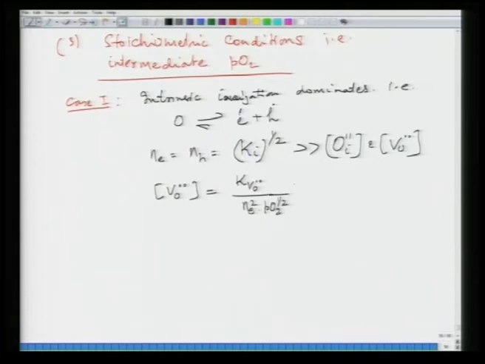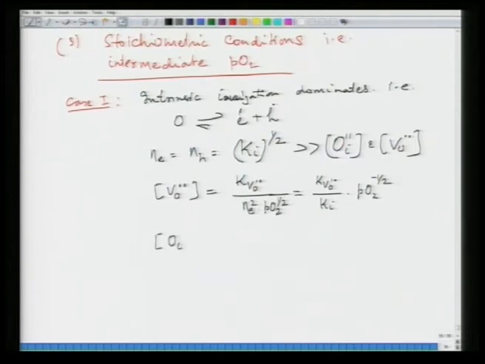This would become KVO divided by Ki. Now, Ne is given as Ki to the power half, which means Ne square becomes Ki, into PO to the power minus half. So, this is the vacancy concentration in this region, which is the stoichiometric region.